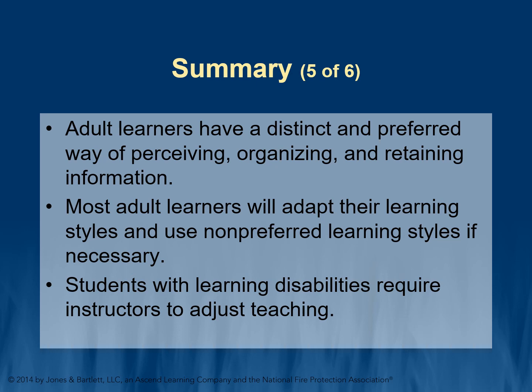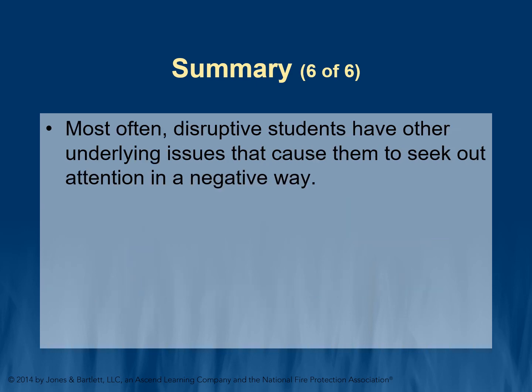Most adult learners will adapt their learning style to a non-preferred style. Some need help with this. Some students we encounter will have learning disabilities and will require us to adjust things a little bit to help them out.